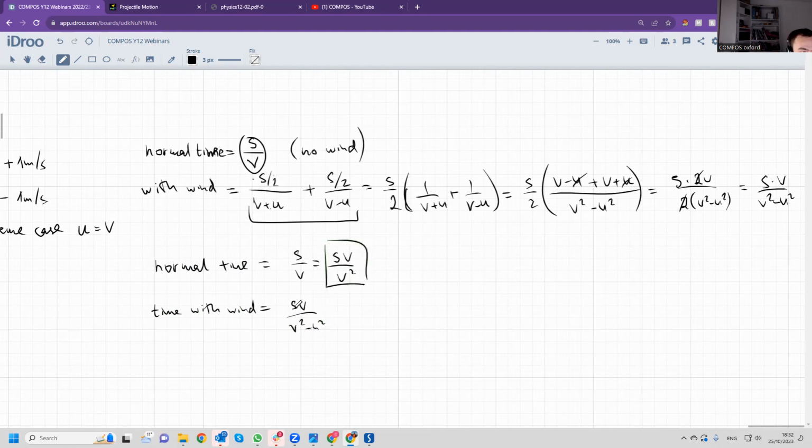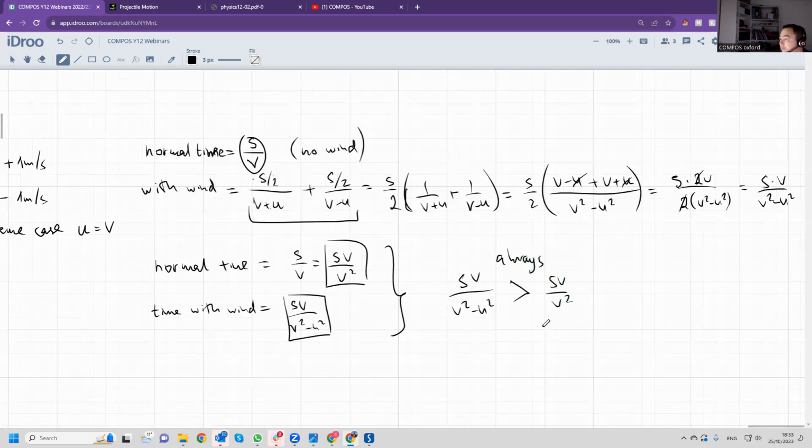Can you tell me which one is bigger and which one is smaller? Practice your skills. The bottom one is always bigger. Yes. SV over V squared minus U squared is always bigger than SV over V squared.